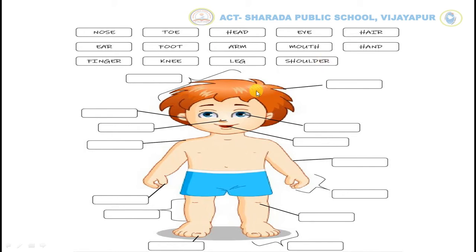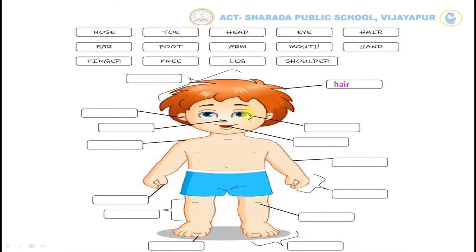Look at this body part. Can you guess its name? Yes, head. Let us write in the box. Hair. Now, look at this body part.